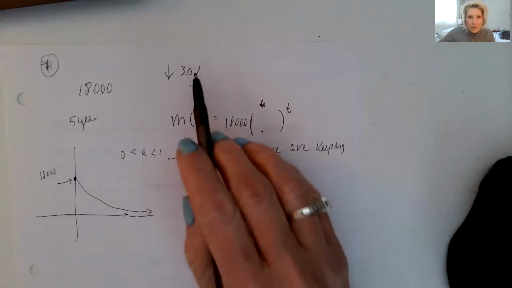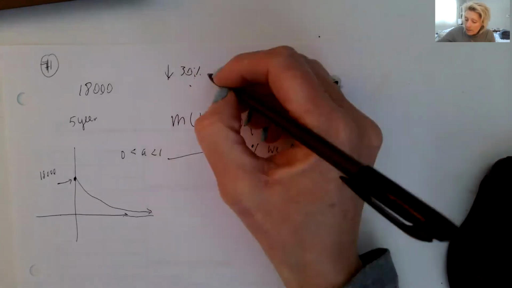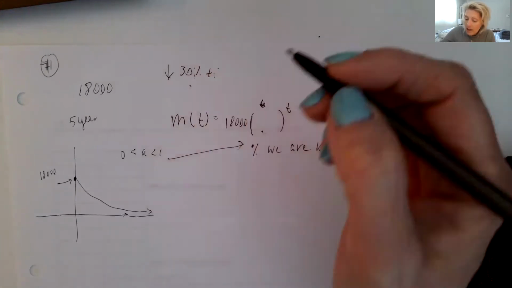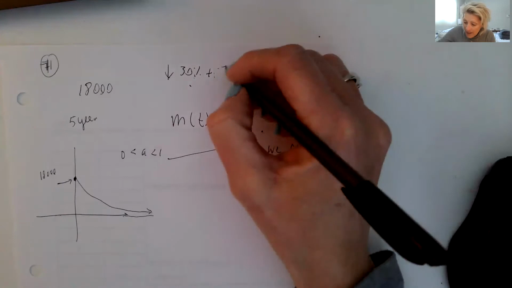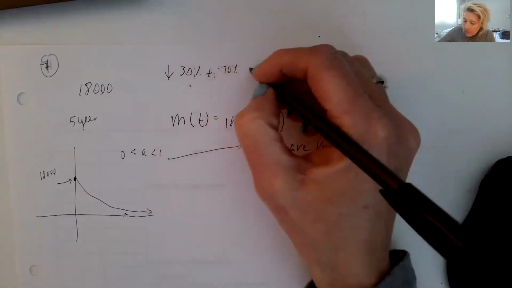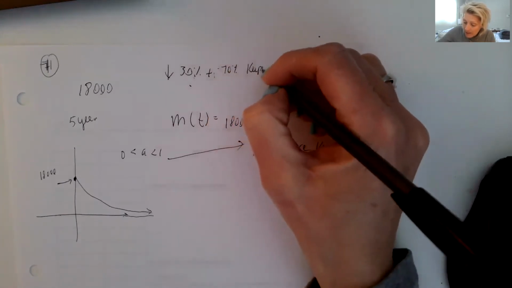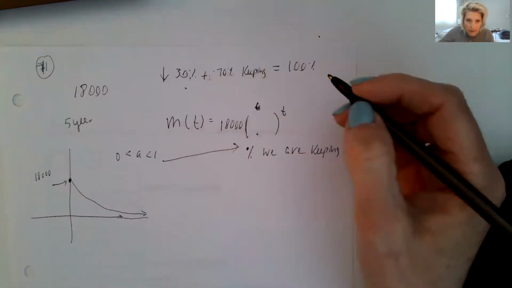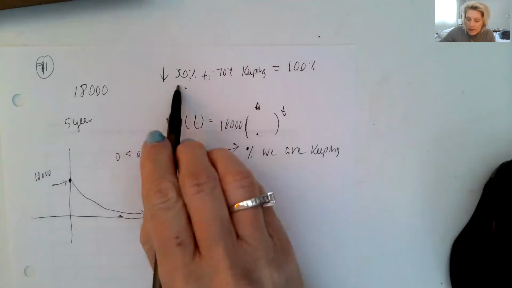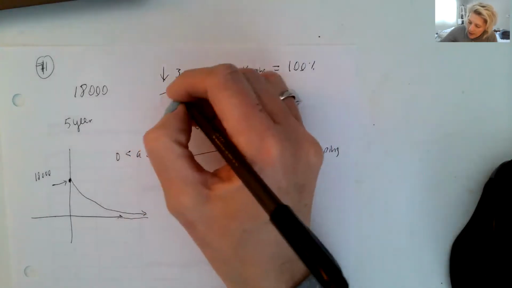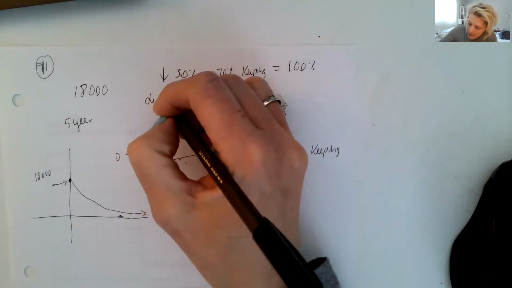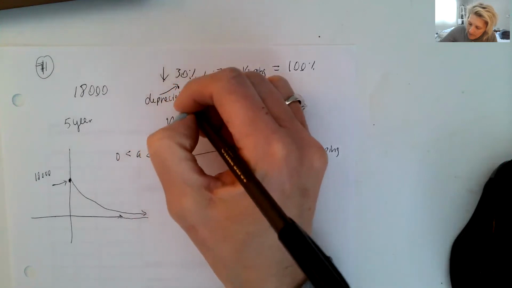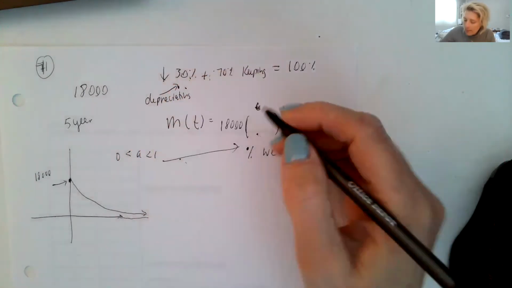Well, they said we're getting rid of 30%, so that must mean, because 30 plus 70% must be what we're keeping, because it has to equal 100% of the original price. So if we're depreciating by 30%, then we're keeping 70%.